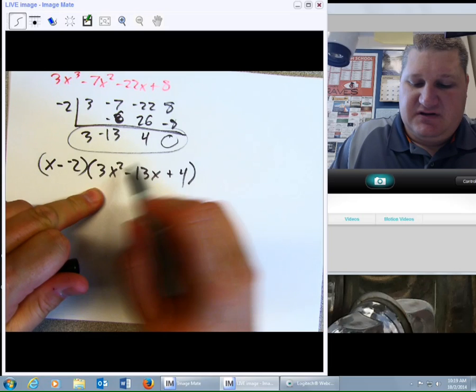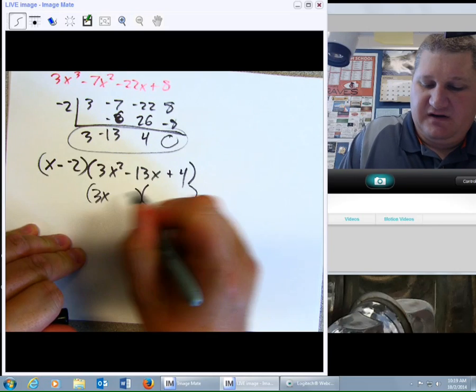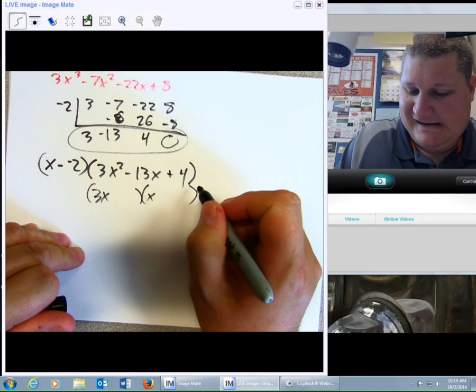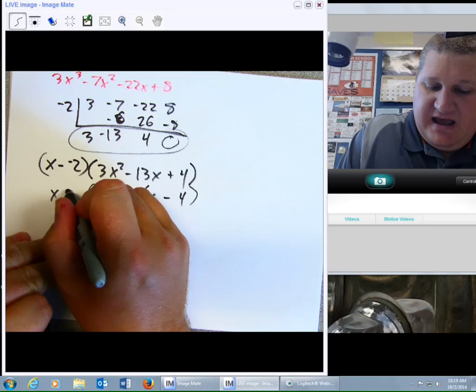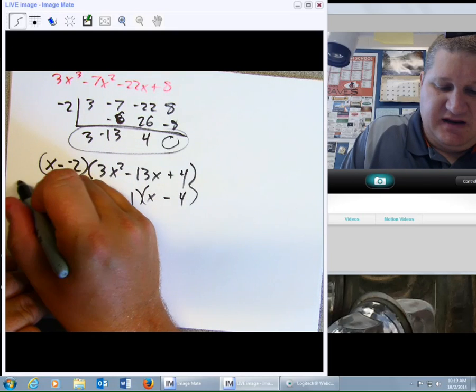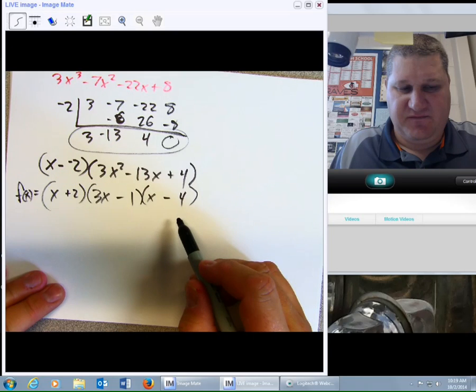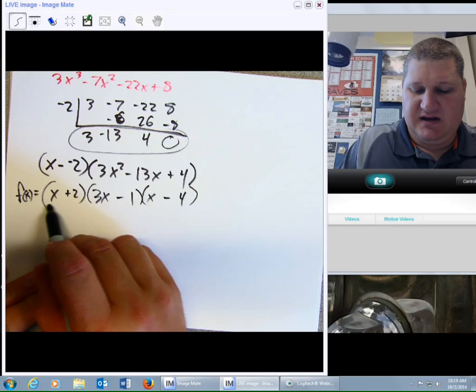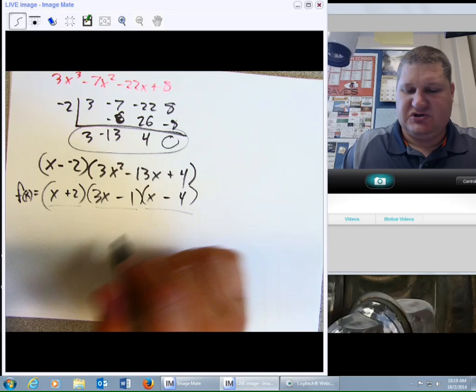I can factor it by setting up parentheses, 3x and x, with negatives, and now I have all three solutions. What I've done here is linearize the function. Linearizing means each term is a linear equation. And now I have my solutions I can solve.